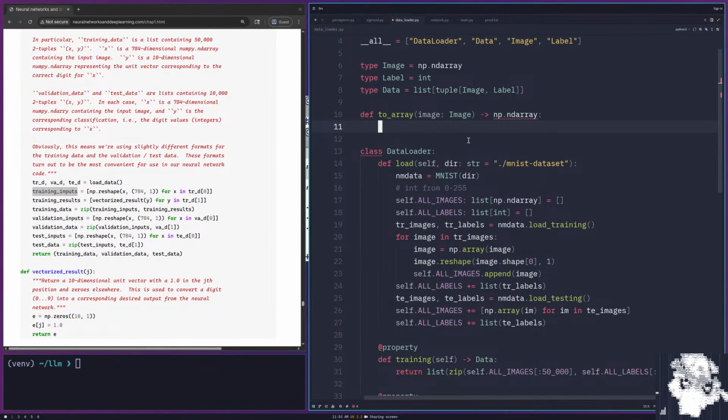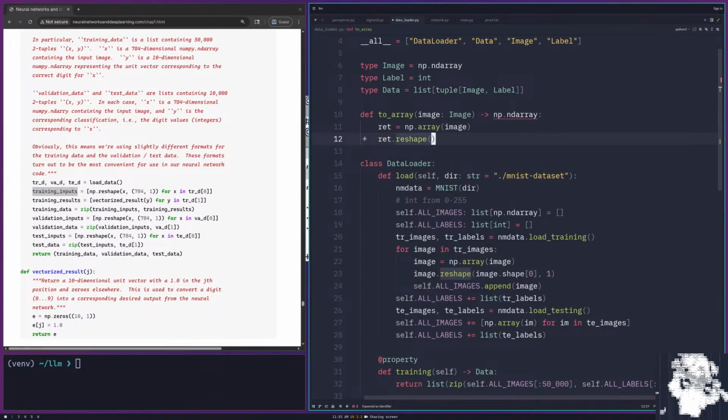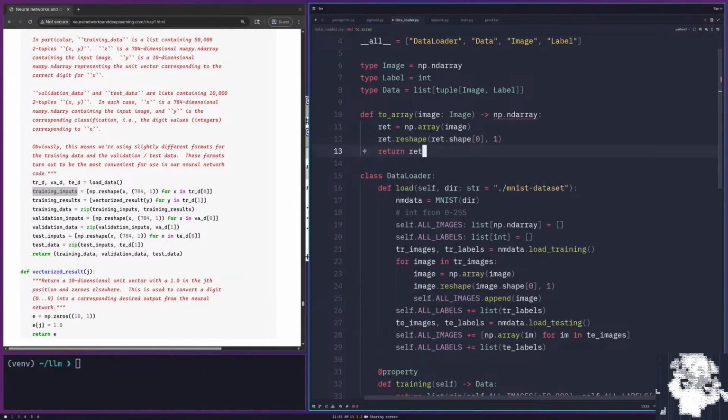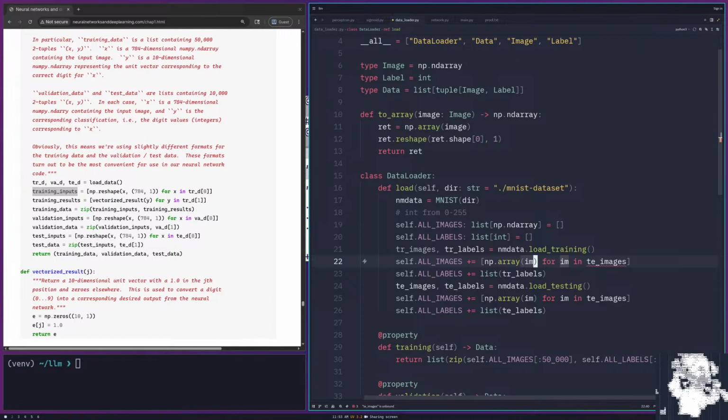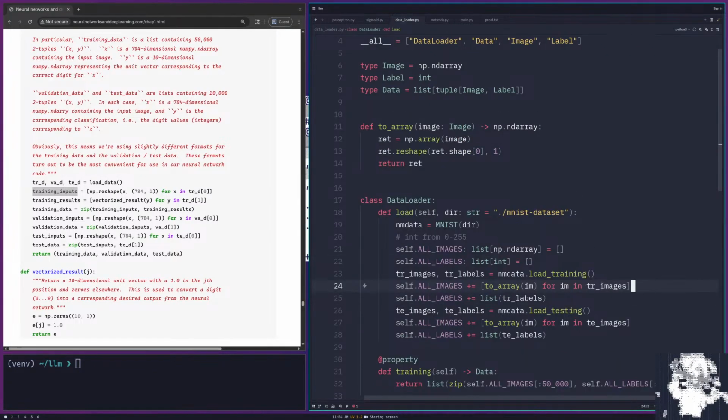This just does ret equals np.array of image, ret.reshape to be ret.shape of 0, comma 1, return ret. And then here I can go back to doing them in bulk like this. For the training images, you call toArray on the image. Okay.